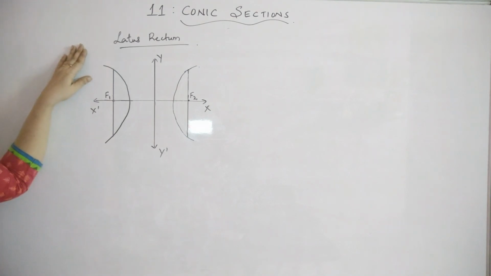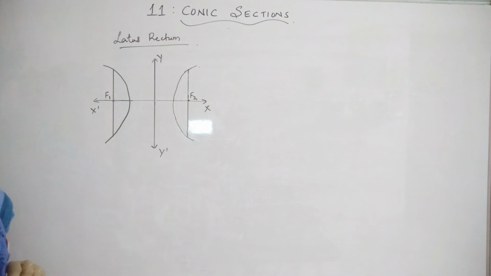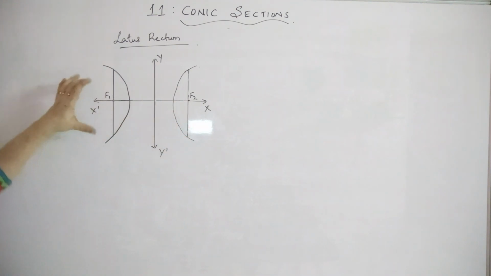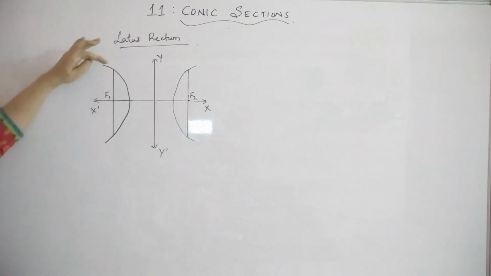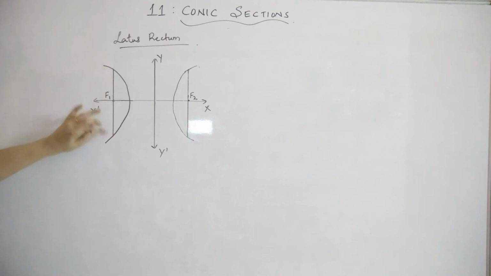Now again latus rectum, which has the same definition as that of ellipse, that is, it is a line segment which is passing through the foci and perpendicular to the transverse axis, and whose end points are lying on the hyperbola.